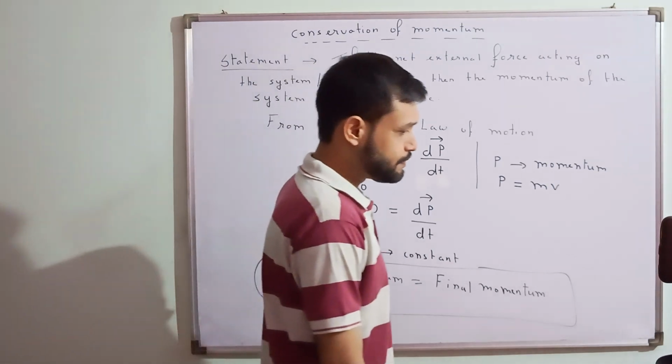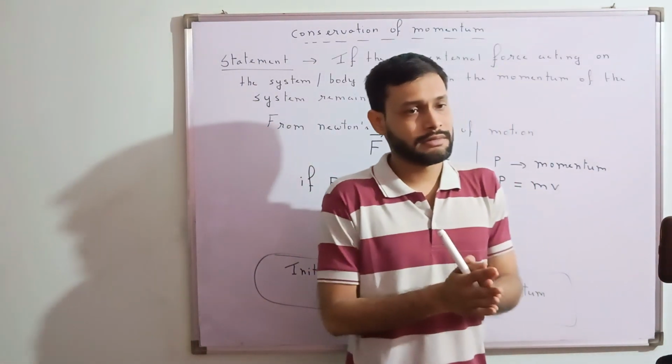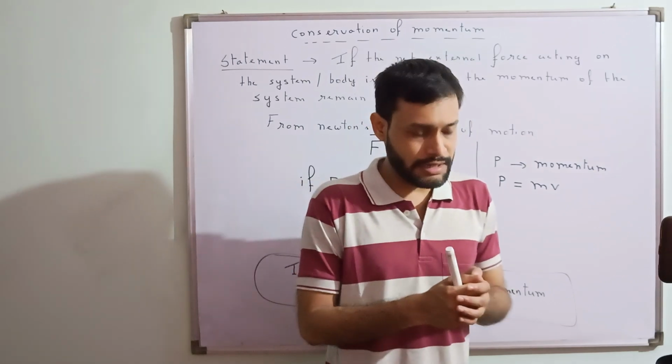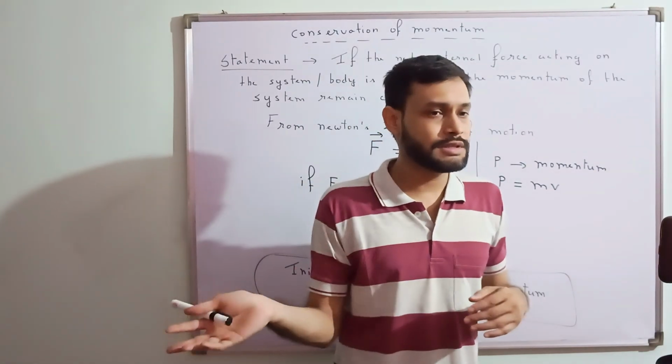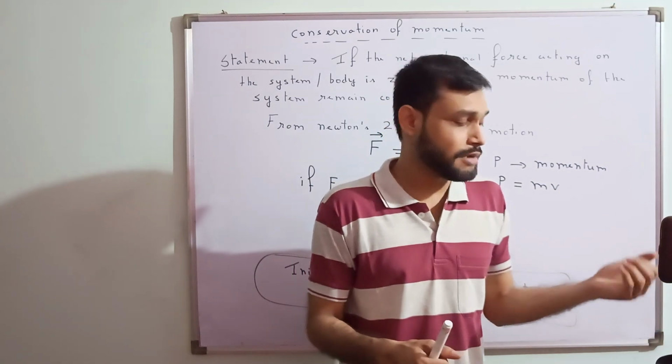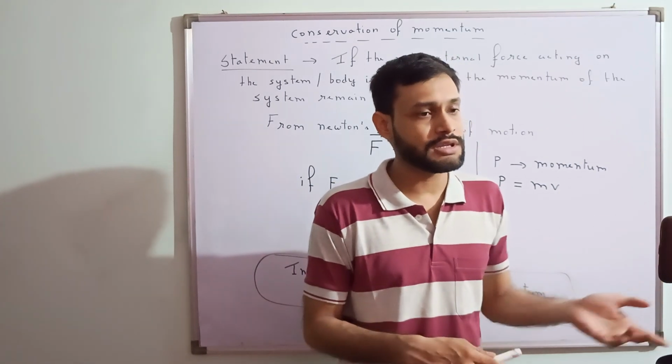For example, two balls or two objects are colliding. After their collision, one object is moving with some velocity and the other object is moving with some other velocity. They may ask you to find the velocity of the other object.